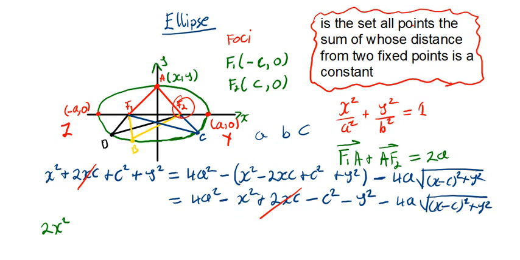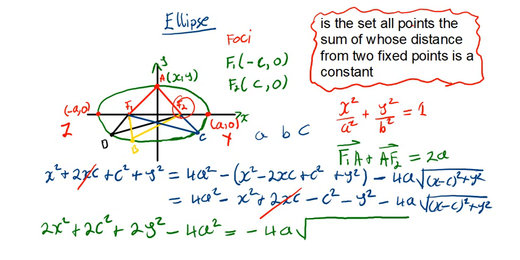Then when it comes to c, when I bring this one to this side, this will be plus 2c squared. Then including the y, that will be plus 2y squared. Then here you're going to have minus 4a squared is equals to this part here, which is minus 4a, the square root of x minus c squared plus y squared, like that.